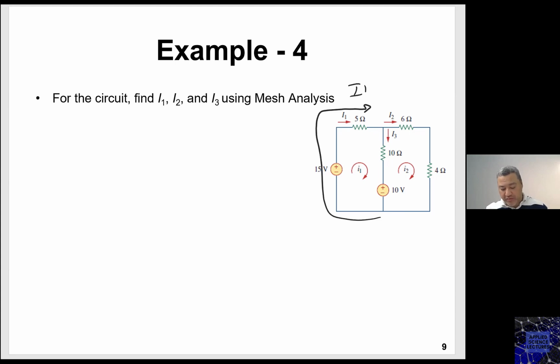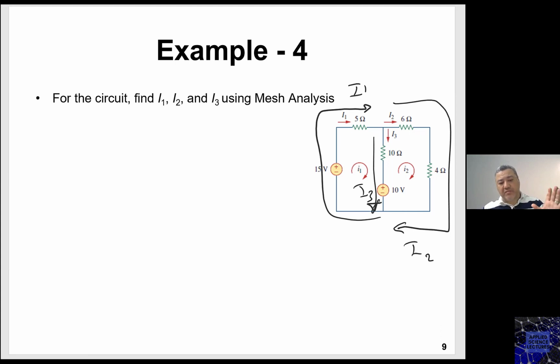This is I2 only in this branch, and I3 is the current in this branch, right? So those are not the mesh currents. This branch has a current, and this branch has a current. Our mesh currents are different, as we have seen earlier.